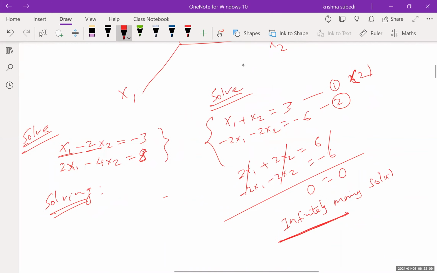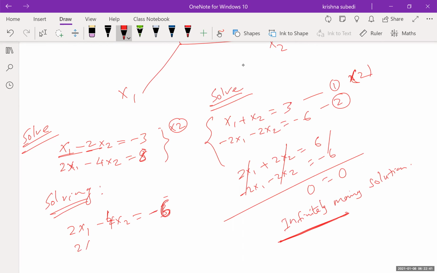in this case. Now, if you use the same method, you multiply this by, let's say, -2, or maybe just multiply by 2, for example, and you get 2x1 minus 4x2 equals -6.